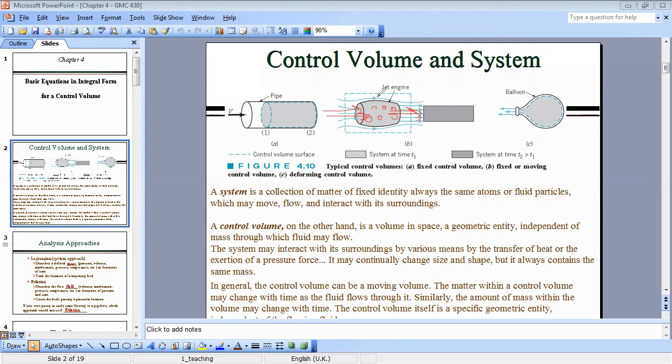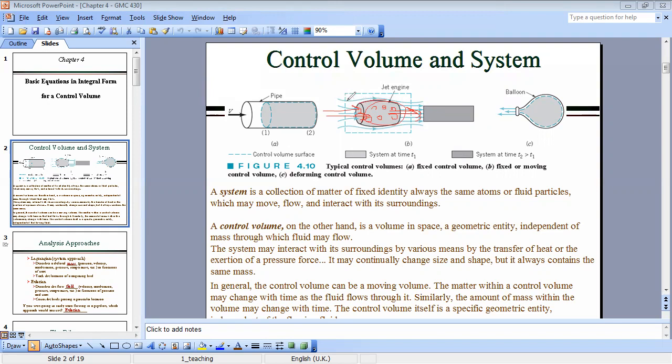In steady state operation, we will have m dot inlet equal to m dot outlet, so the rate of mass at the inlet equals the rate of mass at the outlet. But we can have a transient application where we have accumulation here. Okay? So this is the boundary for our control volume.